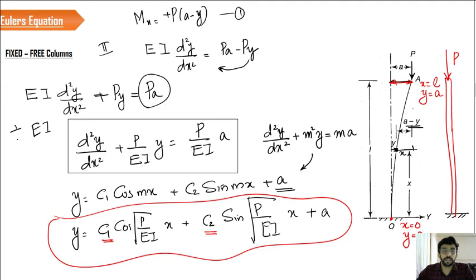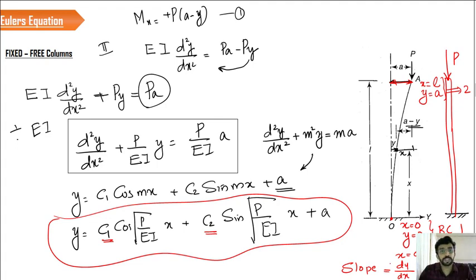That is the third boundary condition we have to use here. So this is boundary condition 1, this is boundary condition 2, and finally we have one more: at x is equal to 0, dy by dx is equal to 0. This is the third boundary condition. dy by dx is nothing but this slope.